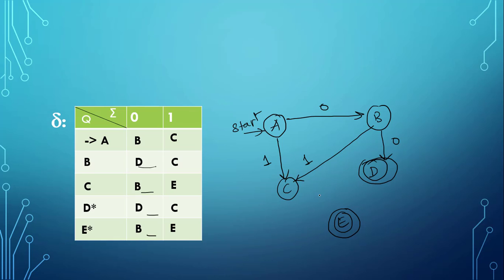From C we go back to B on 0, and to E on 1. From D we have a self loop over 0 and go to C over 1. From E we have a self loop over 1 and go to B over 0.